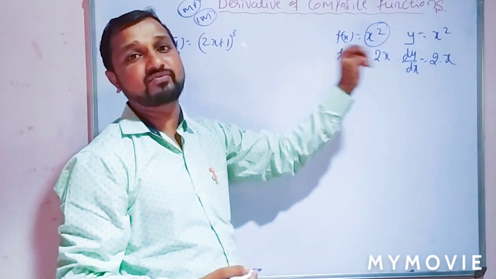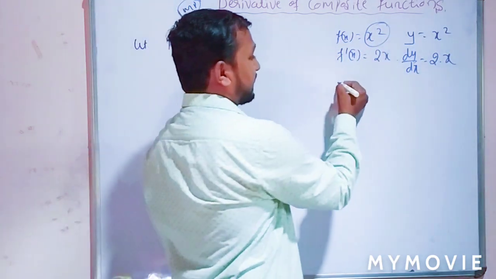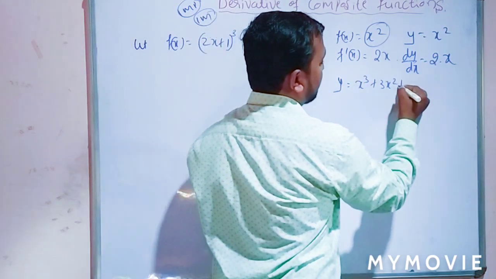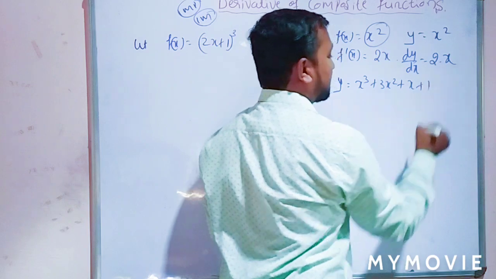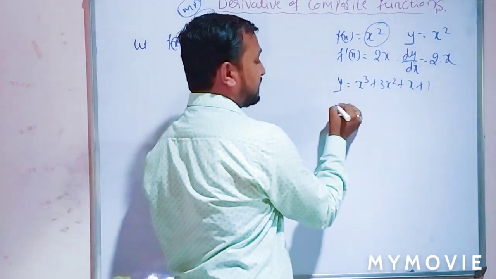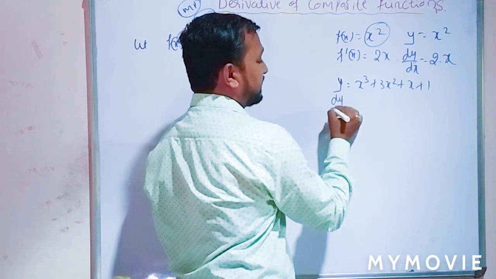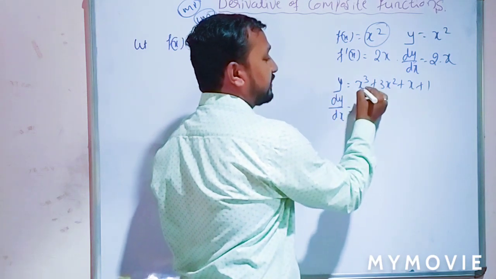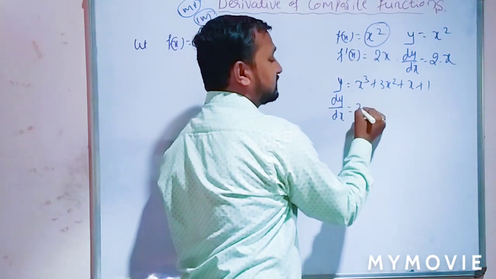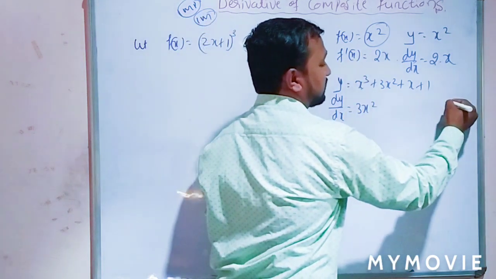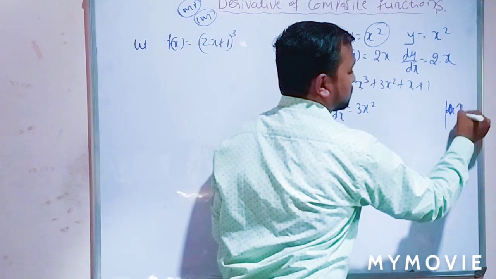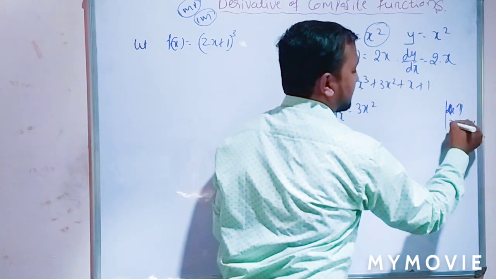This is a unique standard function. In that, again we can take y equal to some function, x cube plus 3x square plus x plus 1. This is also one unique standard function. So the derivative of this function is dy by dx equal to the derivative of x cube, which is of the form x raised to n. This is nothing but 3x square, because our formula is that the derivative of x raised to n is n into x raised to n minus 1.